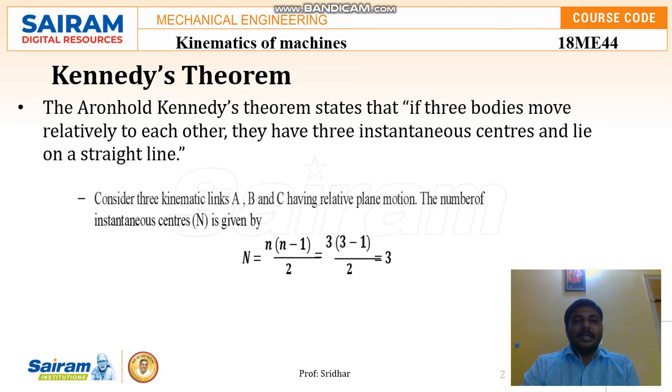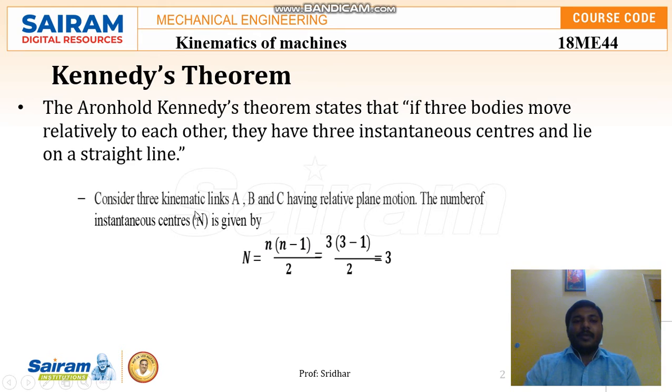The number of instantaneous centers N is given by N equals n into n minus 1 divided by 2, where capital N indicates the number of instantaneous centers and small n indicates the number of links.